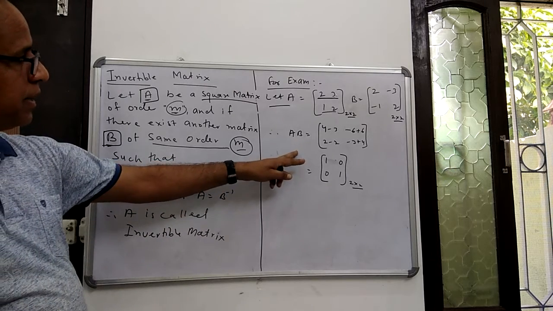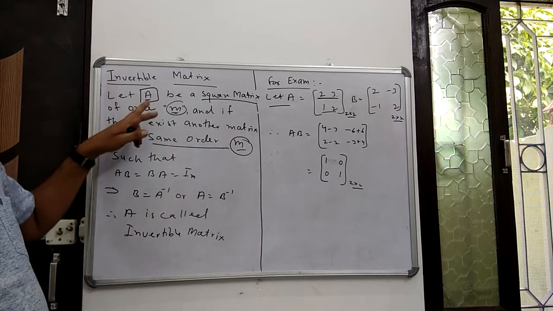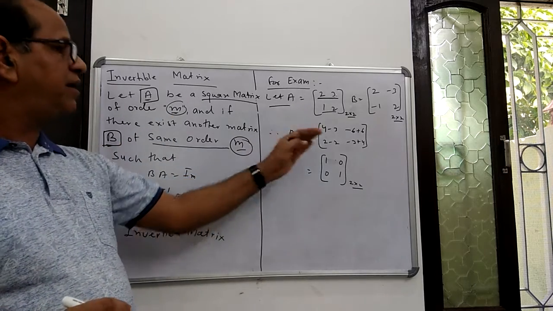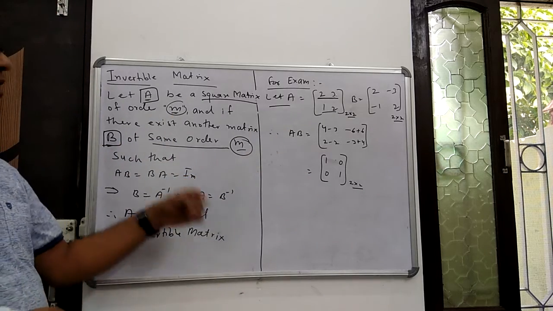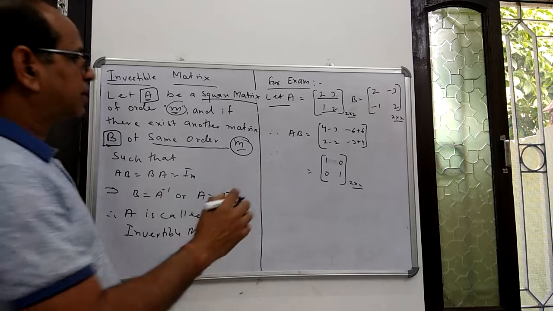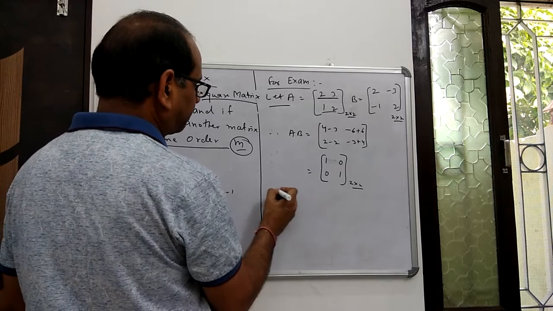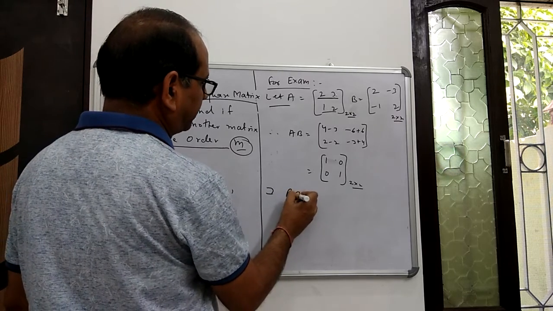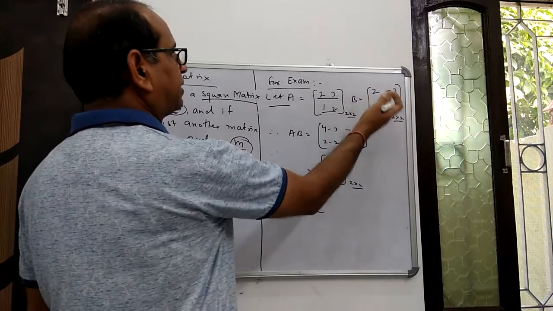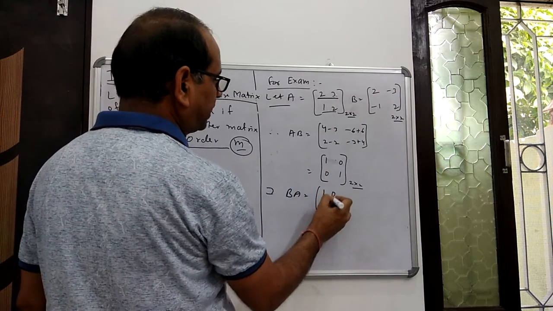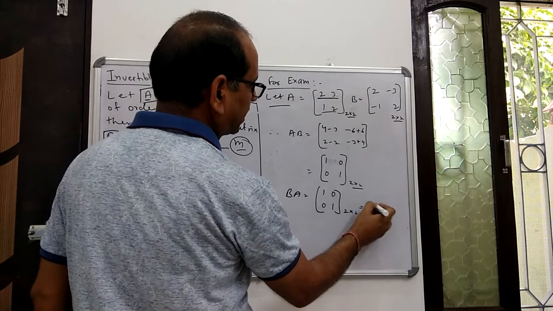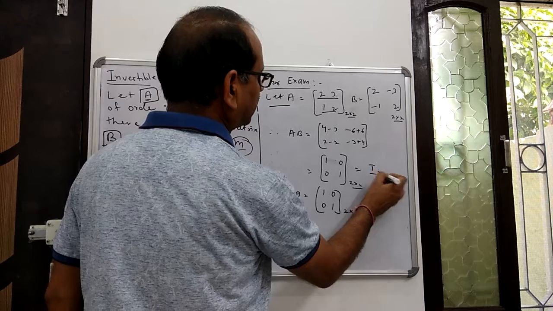Now, if you compare this example with this statement, then M is 2 here. Similarly, it can be for 3 by 3, it can be for 4 by 4. So, what is our conclusion here? If you calculate one more part, BA, you will find that BA will also be I2.